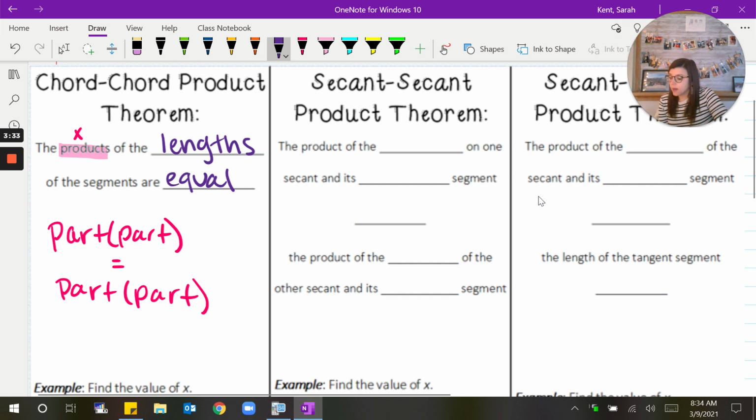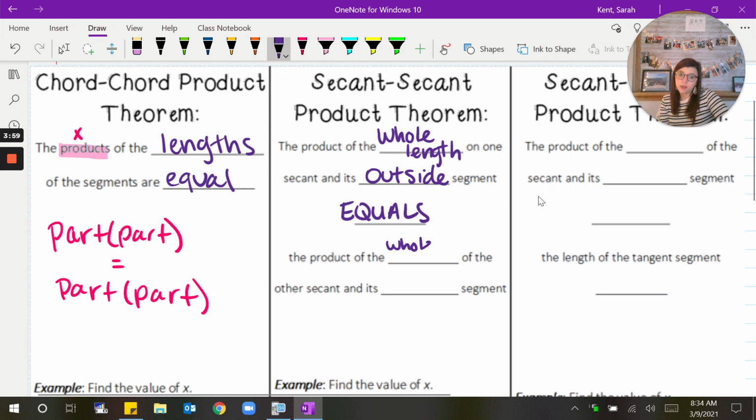So here, the product of the whole length on one secant and its outside segment equals the product of the whole length again of the other secant and its outside segment.